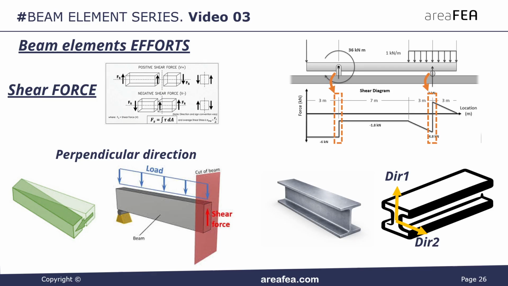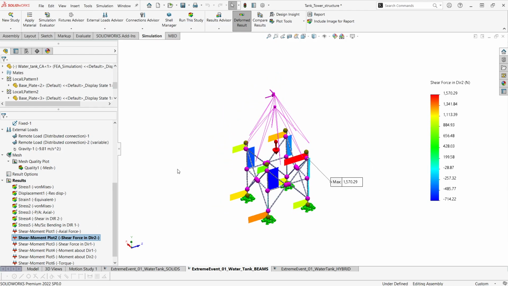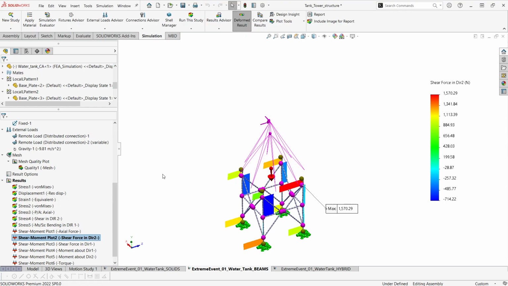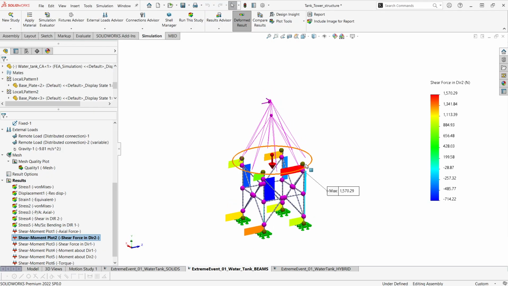Let's take a look at the structure. Here we have the shear force diagram. I'm showing you direction number 2, which is the global set direction, and this is the most interesting one since the higher load is applied in that direction, this one. Okay, what can we see? The peaks, the maximum shear values, are located in the top connections and also in the bottom connections.